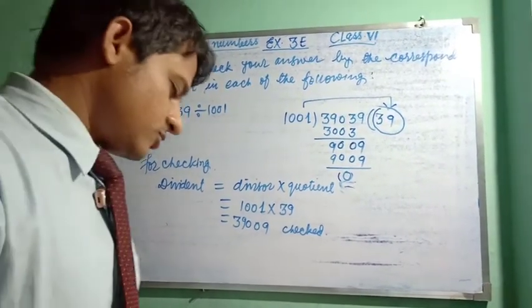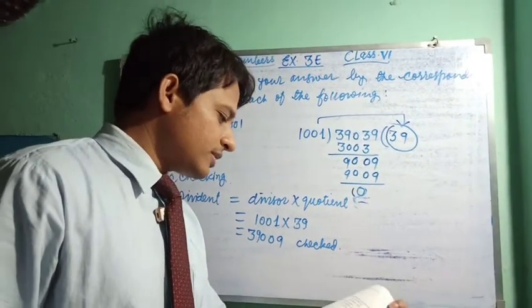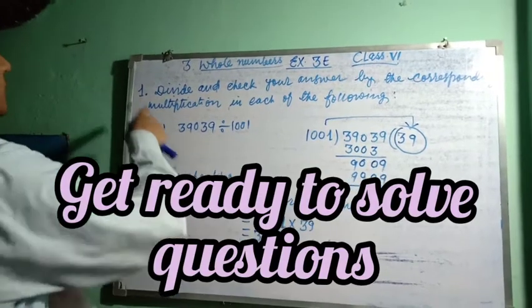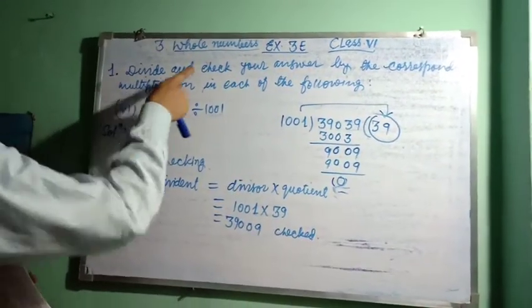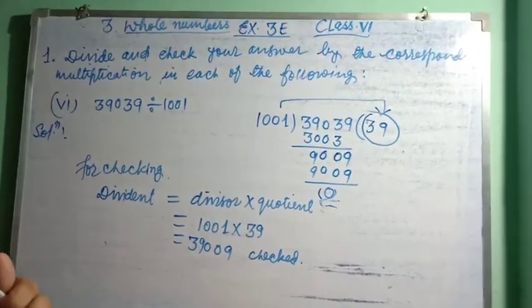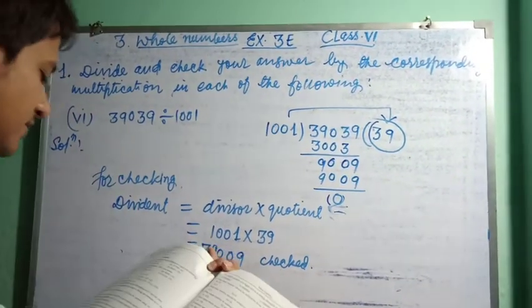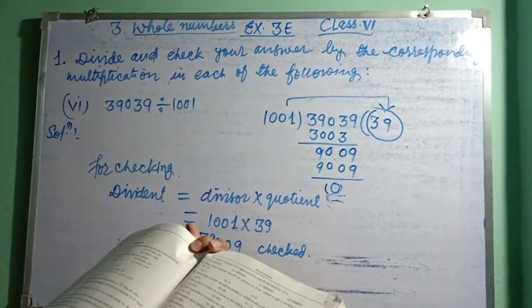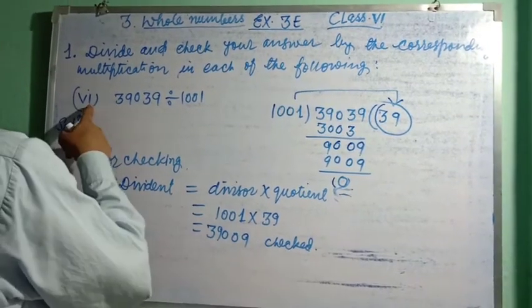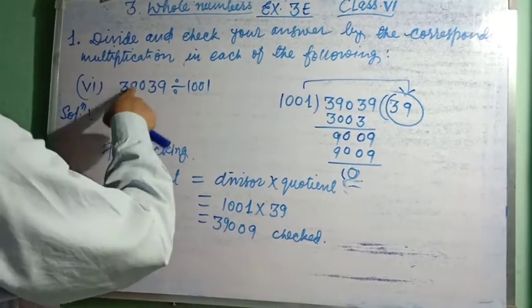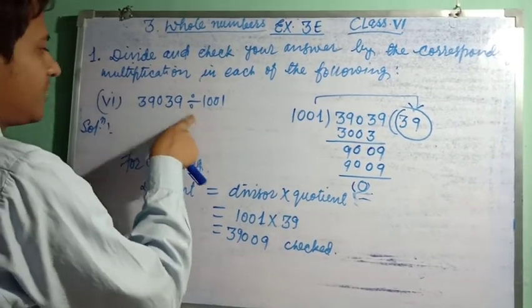Okay, now friends, let us move on to solving the questions of the exercise. Look at the board. The first question is: divide and check your answer by the corresponding multiplication in each of the following. There are 6 sub-questions in question number 1. Here, 39,039 is divided by 1001.